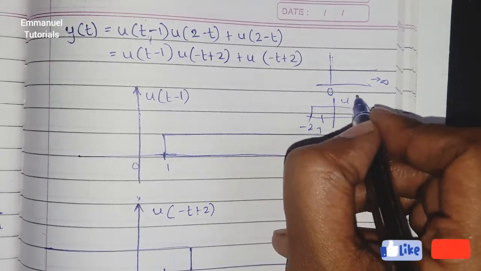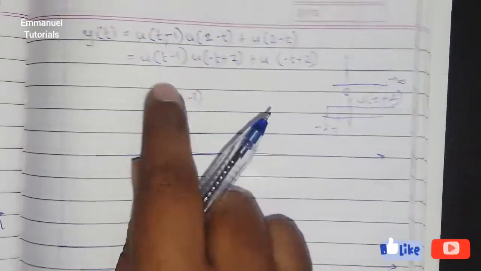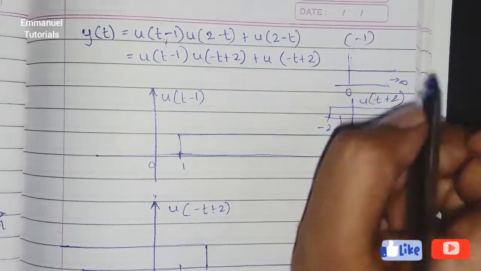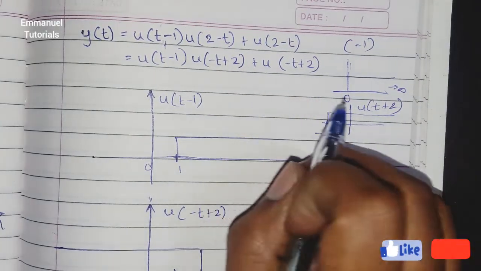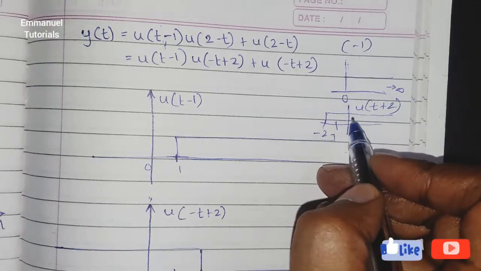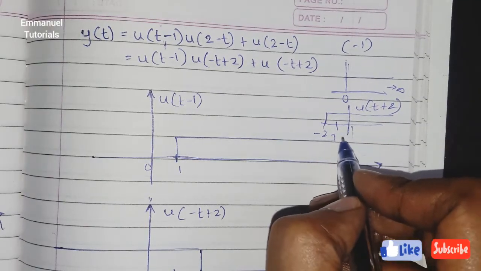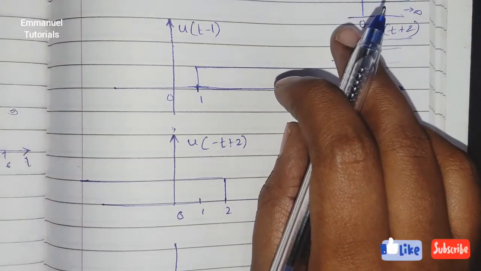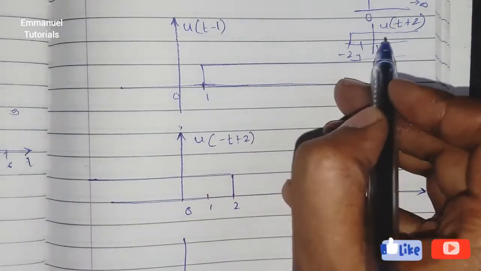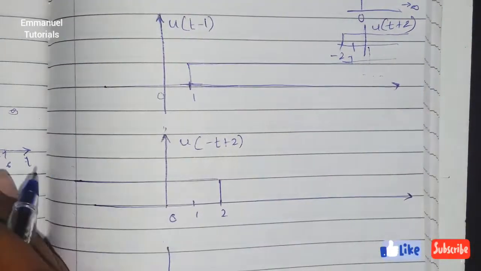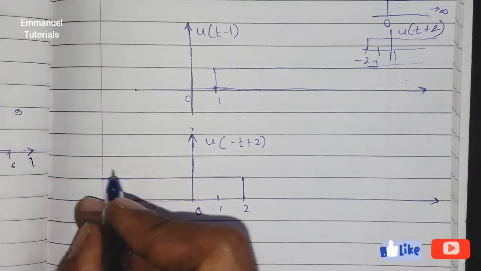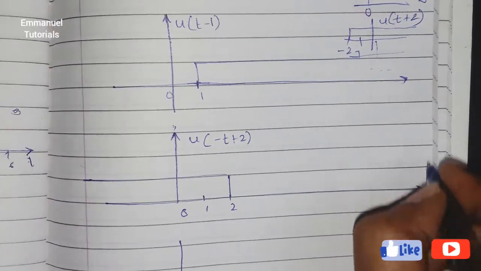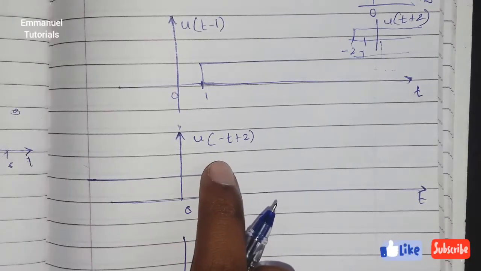So this will be u of t plus 2 and now you will perform the scaling or time reversal. It can also be called scaling by minus 1. So you reverse it around the y-axis. That will be just the mirror image of the signal which I have drawn. So you're just going to rotate it along the vertical axis. So instead of starting from minus 2, the signal will start at minus infinity and will end at plus 2. So this is what our signal will look like for u of minus t plus 2.